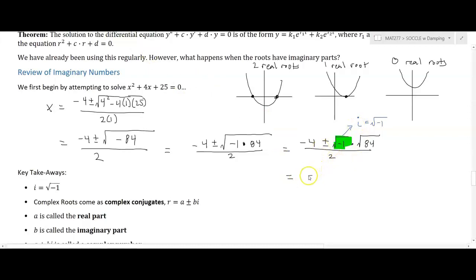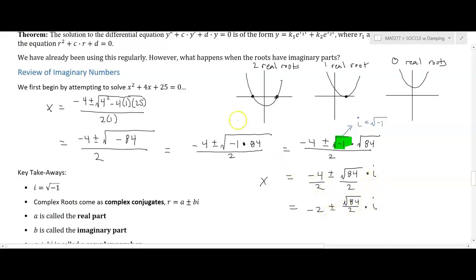So here we're going to have negative 4 plus or minus, now the square root of 84 I could approximate, but I'm just going to leave it as the square root of 84, multiplied by i, all over 2. So because I have a plus or minus, I'll divide this by 2, I'll divide this by 2, and now I see that my root to this equation is negative 2 plus or minus the square root of 84 over 2 times i.